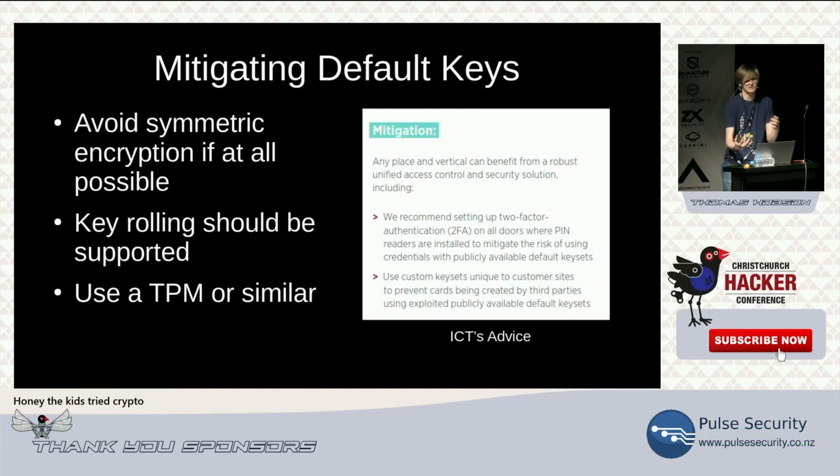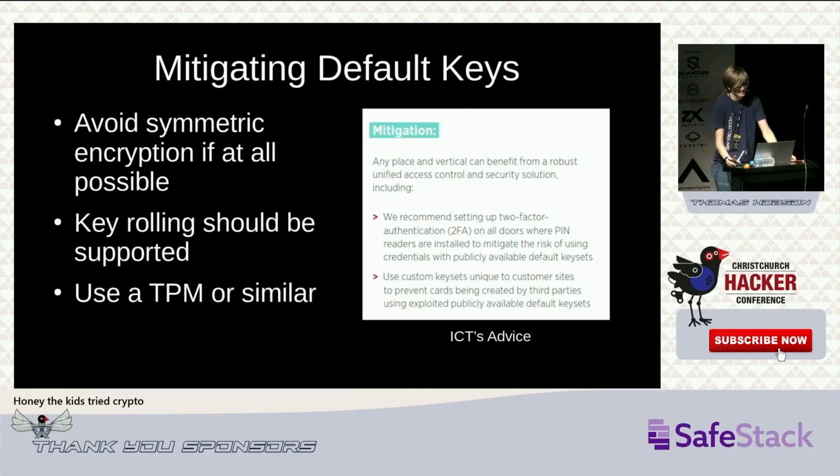If they're external doors, once you're inside with a card, it's pretty secure in that way because you've already authenticated the card. And then there's also using the custom key sets, so you can have your own keys for your site.